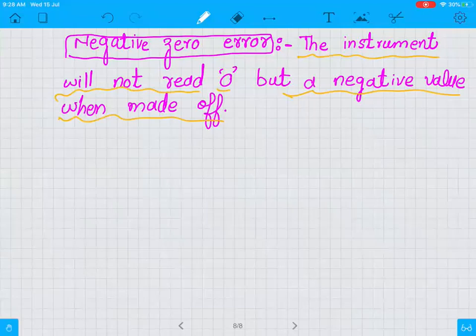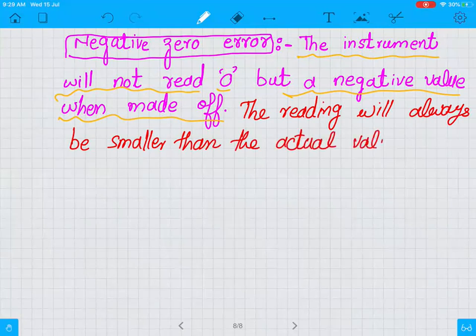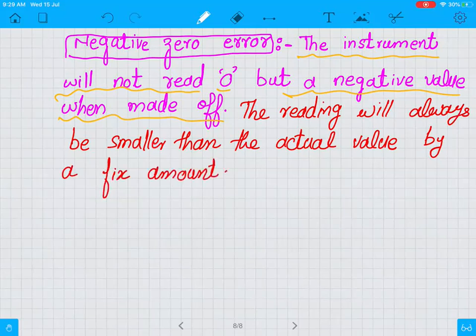And the other thing is the reading taken from this instrument will always be smaller than the actual value by a fixed amount.